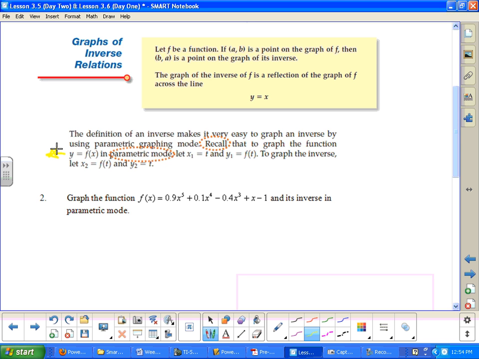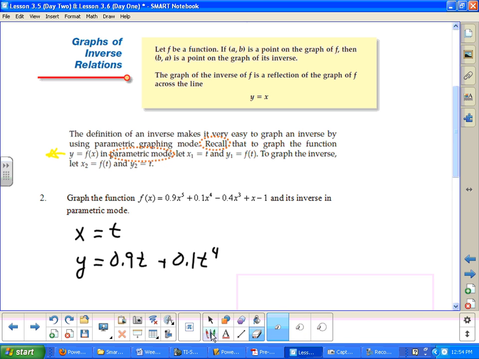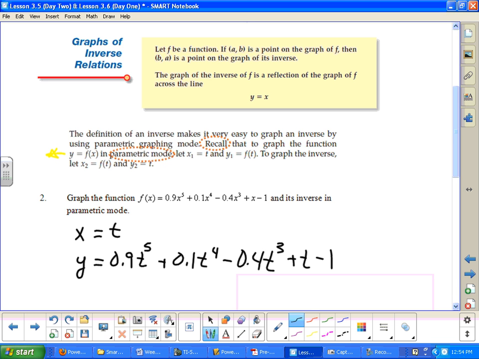So x equals t, and y equals 0.9 t to the fifth plus 0.1 t to the fourth. Oops, that's t to the fifth, not t squared. Minus 0.4 t cubed plus t minus 1.